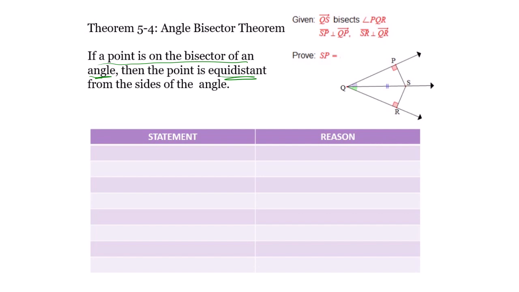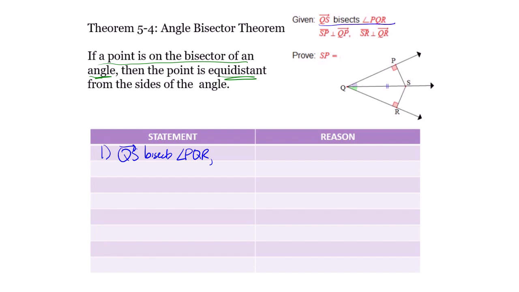But let's prove it. So we're going to start with the given. We're given QS bisects angle PQR, right? That is the first part of the hypothesis there.